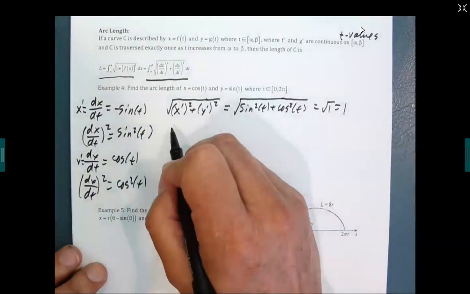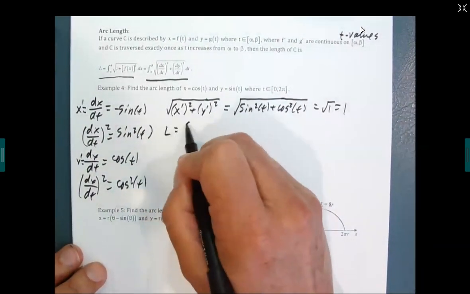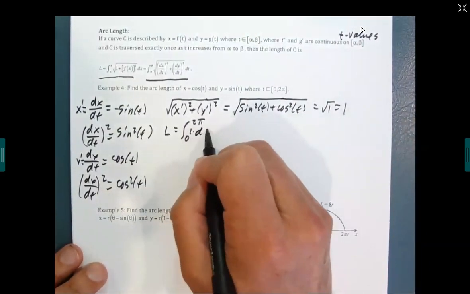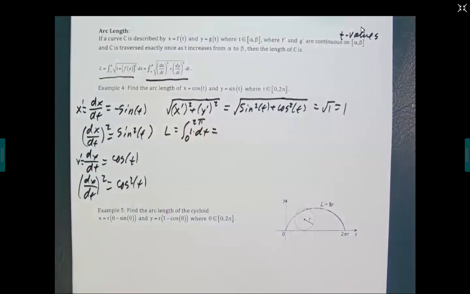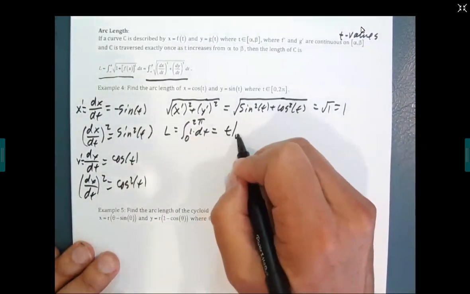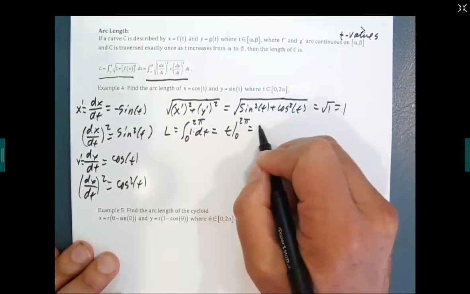So my integral, my arc length, becomes the integral from 0 to 2 pi of 1 dt. Well, that makes it nice and easy. This becomes t from 0 to 2 pi, which is just 2 pi.